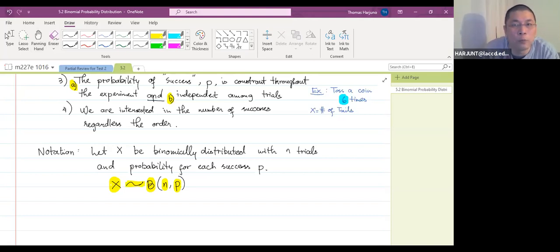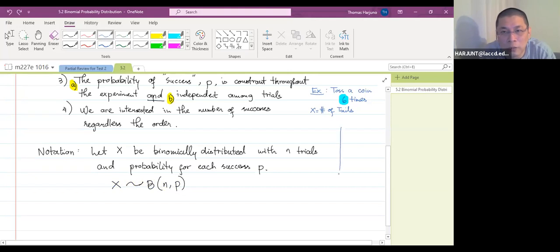If we look back at our small example, the number of tails will be binomially distributed with number of trials 6. They don't tell us the probability of getting a tail, but let's say it is 0.35. So the probability of getting each tail is 0.35. That's the notation.